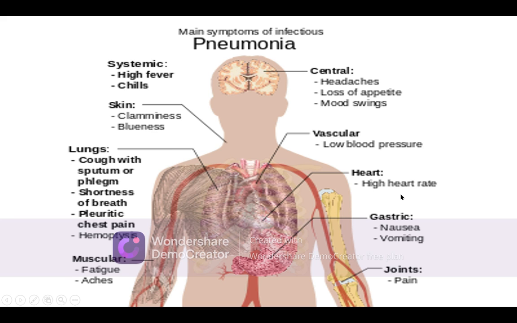There will be tachycardia, low blood pressure, nausea and vomiting, arthralgia, much muscular pain, fatigue and aches. A viral pneumonia will cause much fatigue and aches. In the lungs, there is cough with sputum, shortness of breath, and pleuritic chest pain if the pleura is involved. And there will be hemoptysis because of invasion of the bronchial artery.